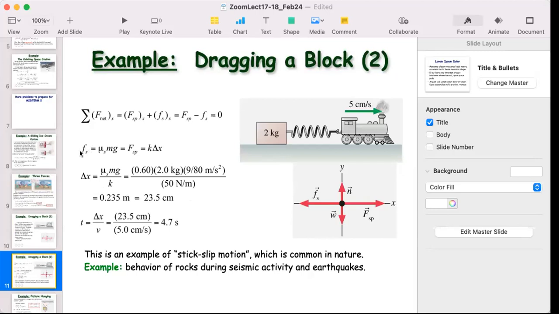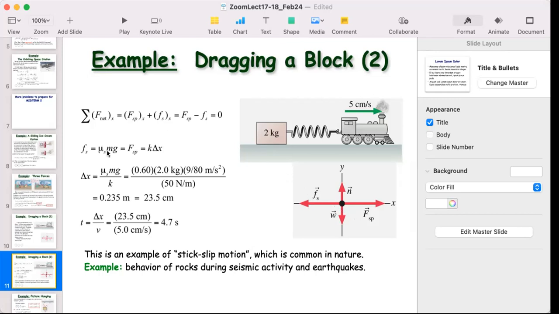So, as we know, the friction is equal to the coefficient of static friction multiplied by the normal force. Now, if I write the equations along Y, I have that the net force along Y is equal to the normal force minus the weight equal to 0, right?